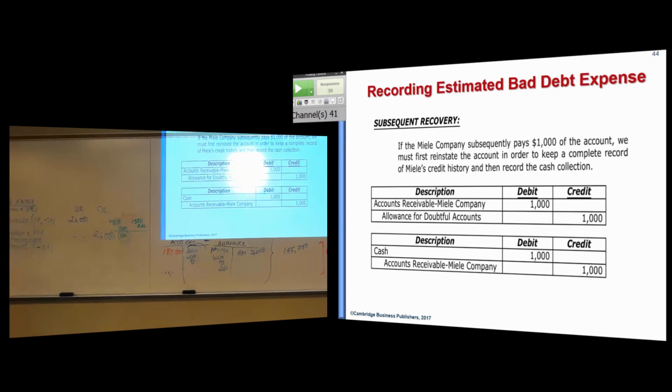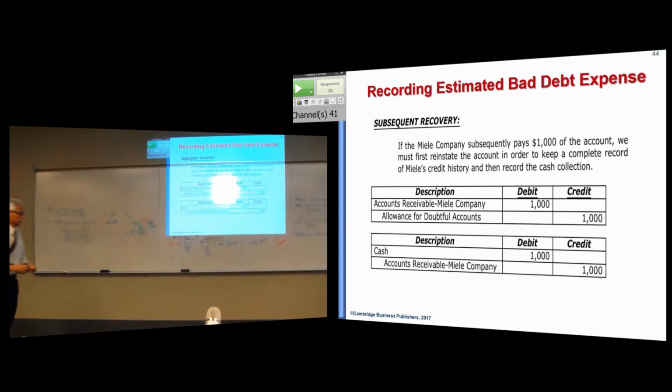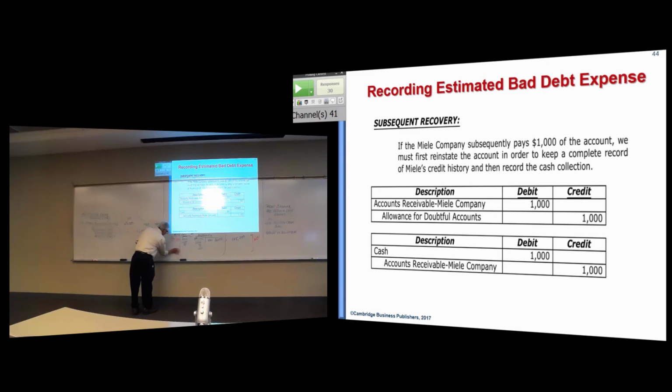And the recovery is going to be $1,000, a debit to the accounts receivable and a $1,000 credit to the allowance account.